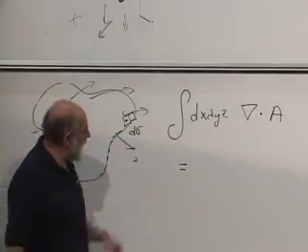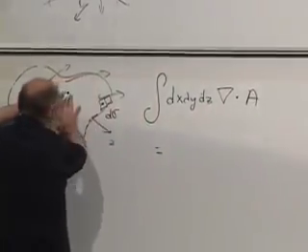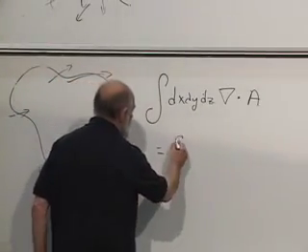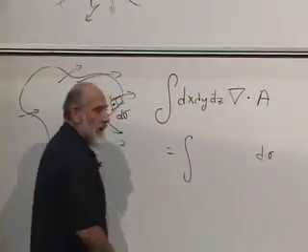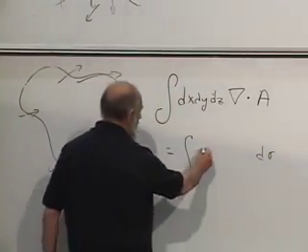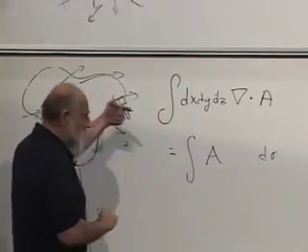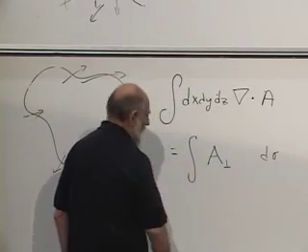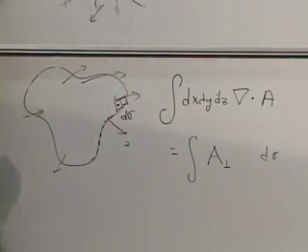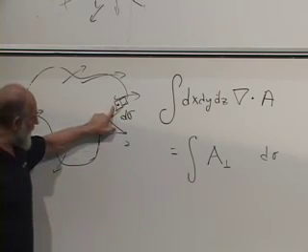This three-dimensional integral over the interior here is equal to a two-dimensional integral, d sigma over the surface, and it is just the component of A perpendicular to the surface. Let's call it A perpendicular to the surface, d sigma. A perpendicular to the surface is the amount of flow that's coming out of each one of these little boxes.